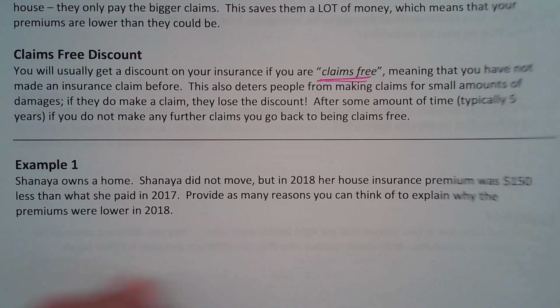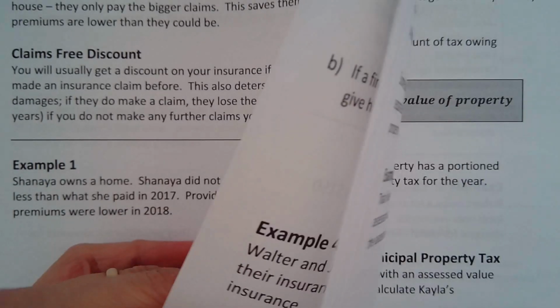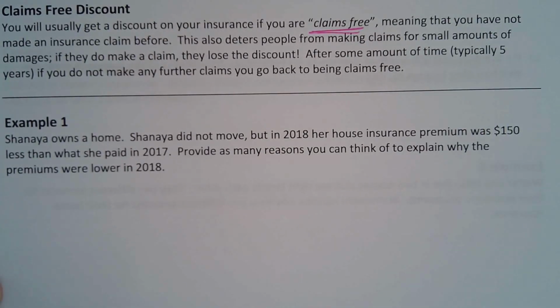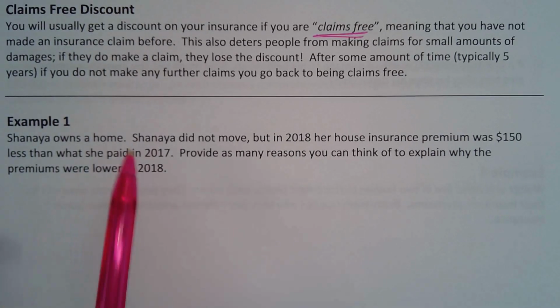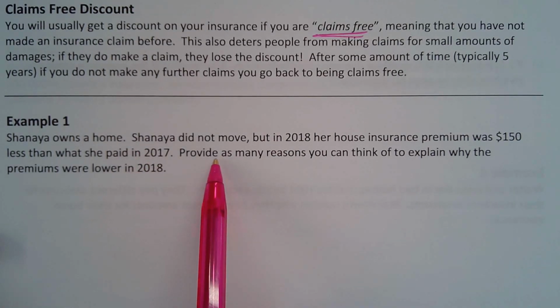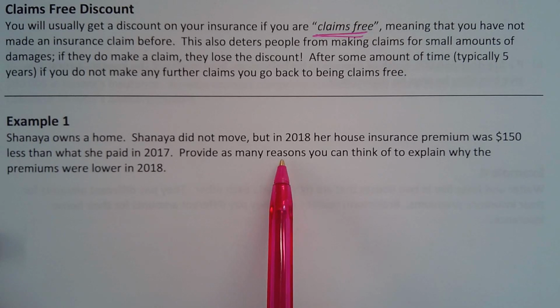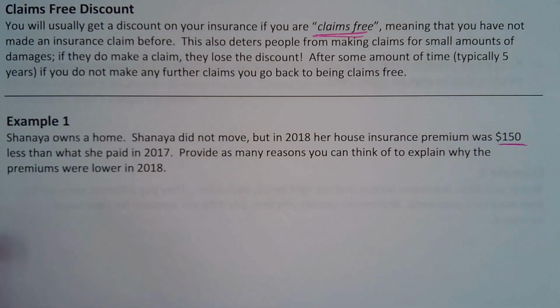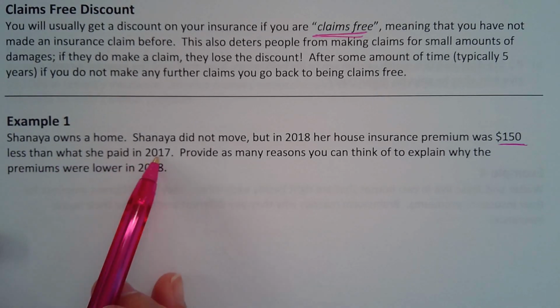Okay, now let's take a look at some examples in here. Let's see how far we get. Example number 1. Oh, it's almost like Shalana's name. Shania owns a home. Shania did not move, but in 2018, her house insurance premium was $150 less than what she paid in 2017.